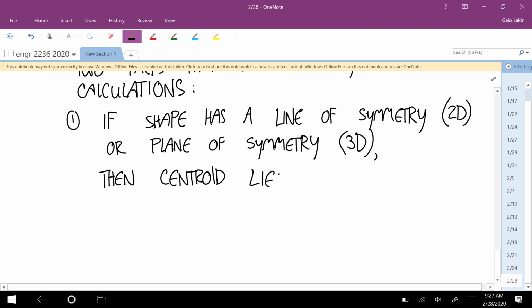So the centroid lies on that line or plane.